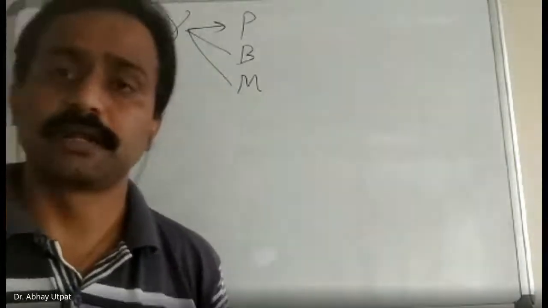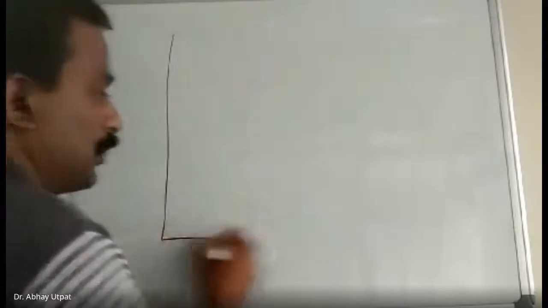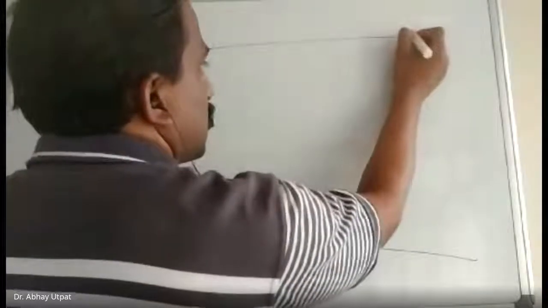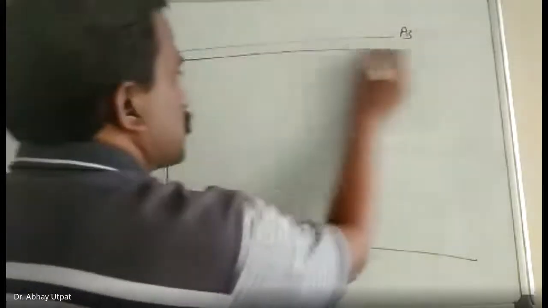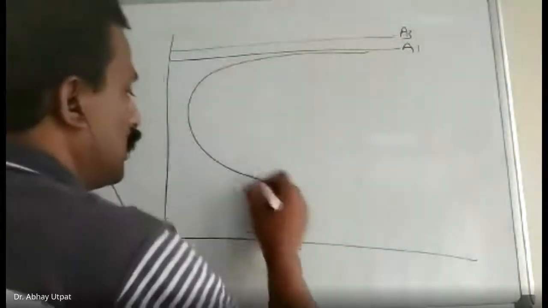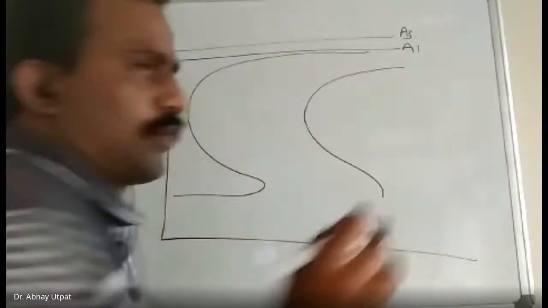So how it is formed, that I have explained. Then we started with the TTT diagram, time temperature transformation diagram for eutectoid steel. It was asked many times in the old question papers: draw the neat sketch of TTT diagram, for 3 marks.